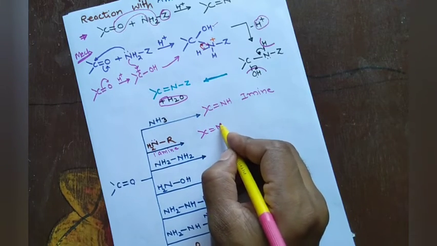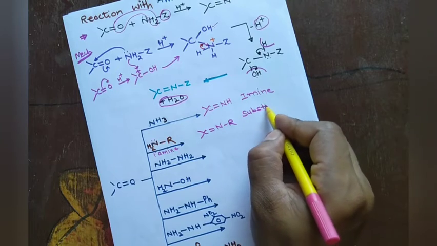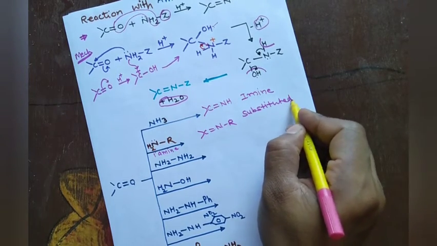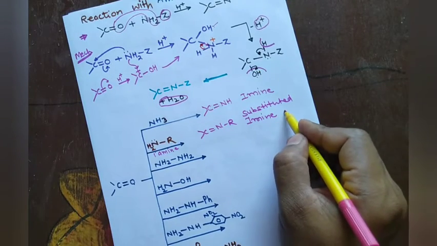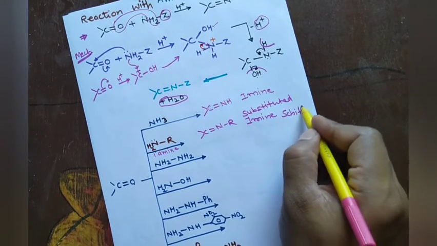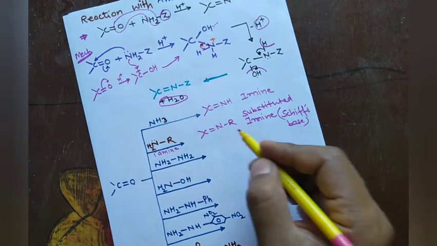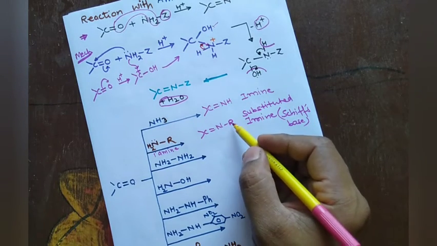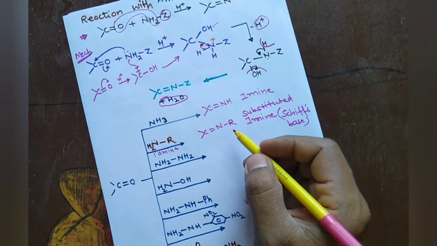C double bond NR. This is substituted imine or Schiff's base. Such type of compounds are called Schiff's base. In place of R, you can have alkyl, aryl.